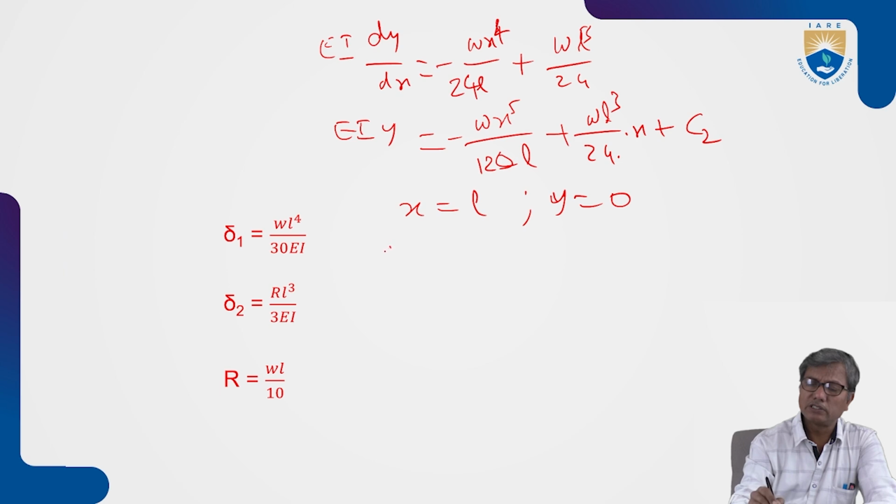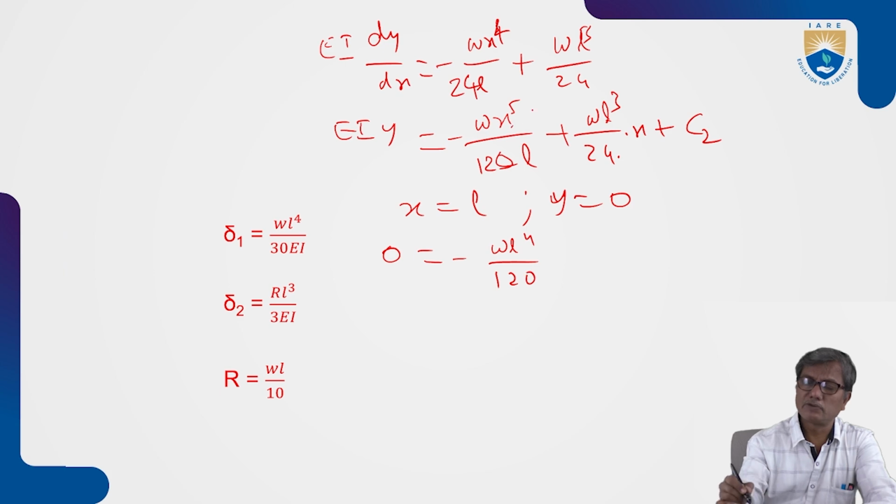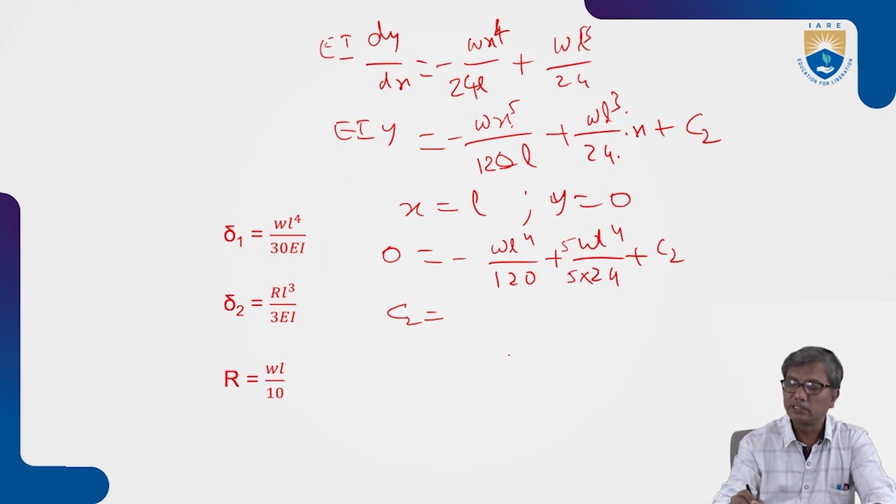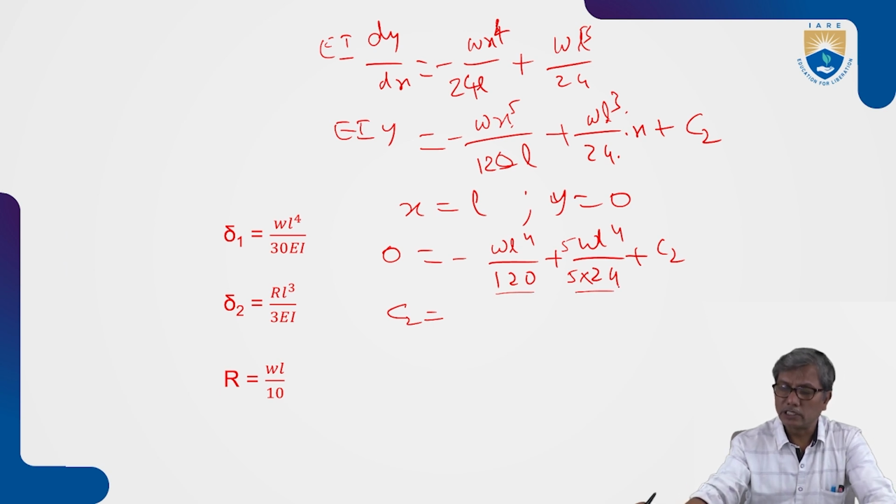So using this condition, we will have minus WL power 4 by 120, substituting L for x, plus WL power 4 by 24 plus C2. So this gives C2 equal to, you multiply and divide with 5 here. So you will have numerator and denominator same.